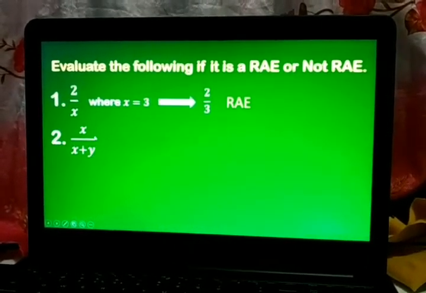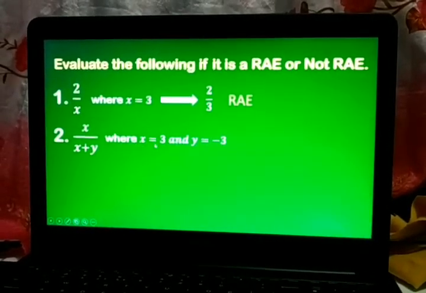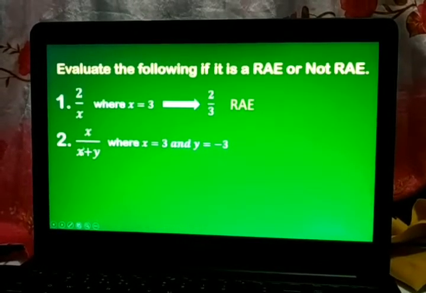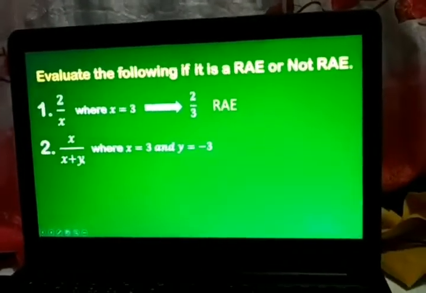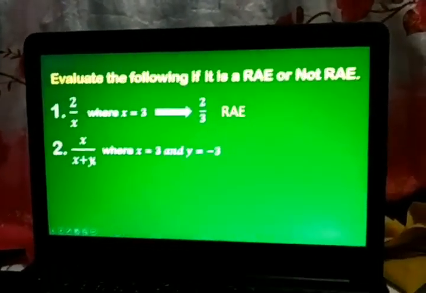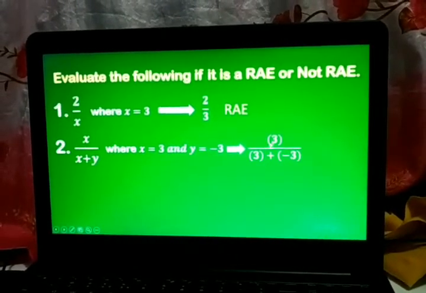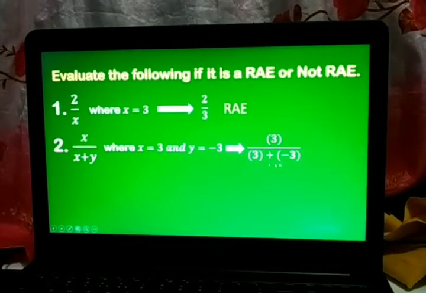Number 2, x over x plus y, where your x is equal to 3 and y is negative 3. Change all of the x variables here into 3 and y to negative 3 and substitute. So this will become 3 over 3 plus negative 3. Then let us process them.